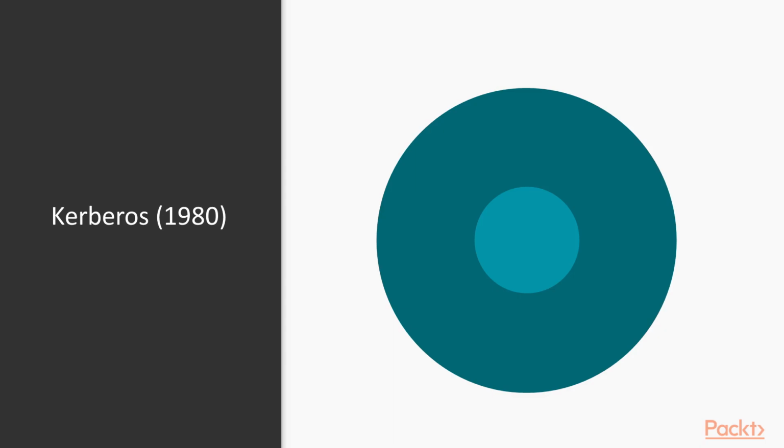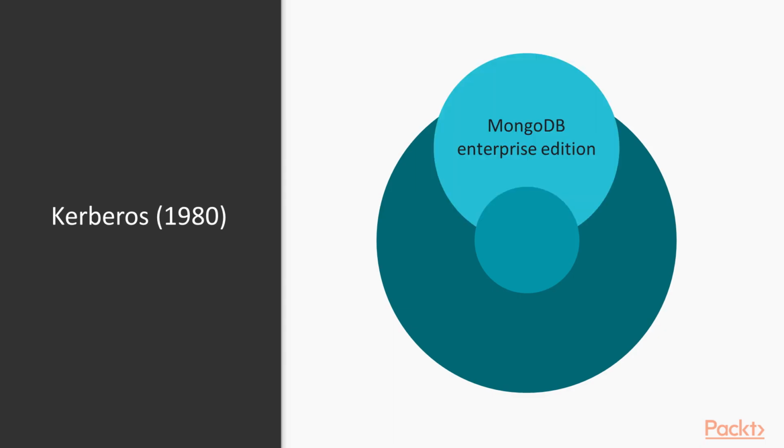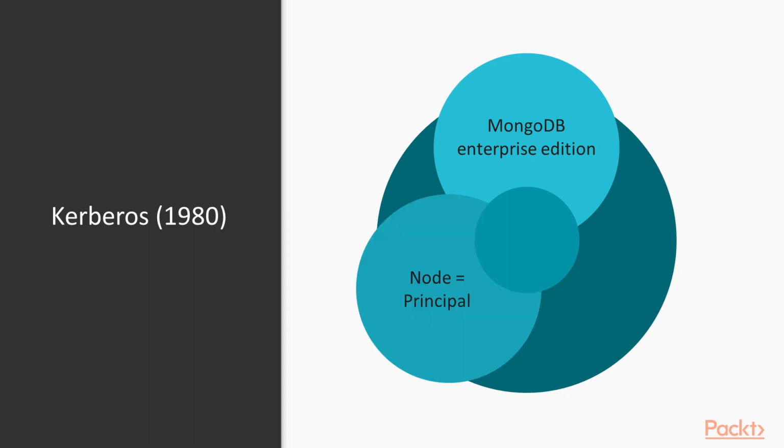The next authentication mechanism that we are going to get familiar with is Kerberos. This comes under the category of the MongoDB Enterprise Edition and first took its roots in the mid-1980s as part of a larger project at MIT. The mechanism was adopted as the default authentication mechanism by Microsoft for Windows 2000. Every node in Kerberos is called a principal and should have a unique name.